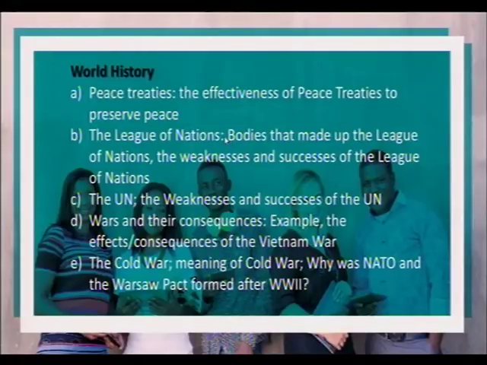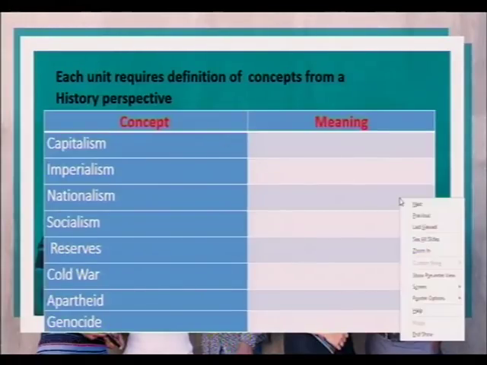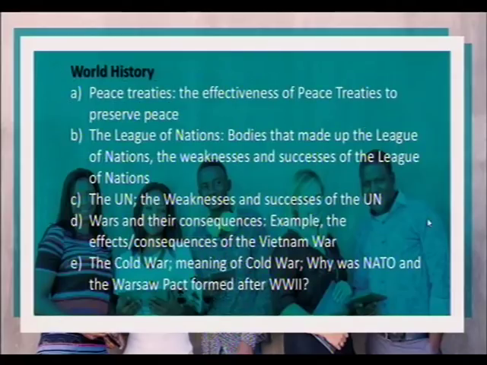First and foremost, it's important that you know the formation of the League of Nations and the establishment of the United Nations. A lot of students get confused between the two. For example, you have to know when the League of Nations was formed and when the United Nations was formed.